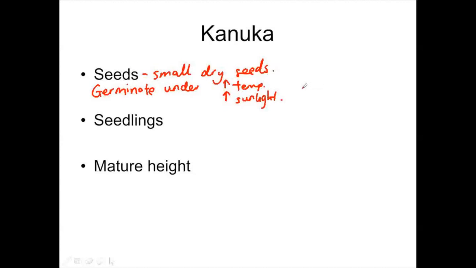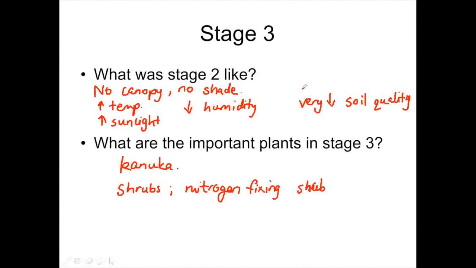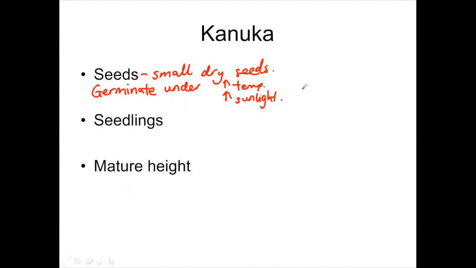So if we look back at stage 2, it has high temperature and high sunlight. What they also need is some soil. They need a decent amount of soil quality.